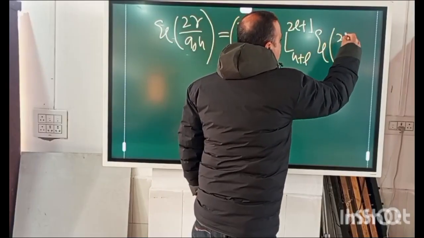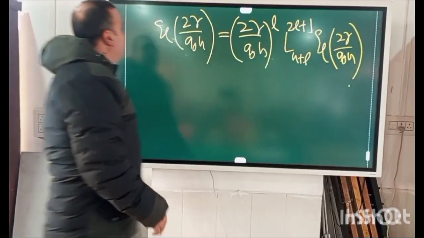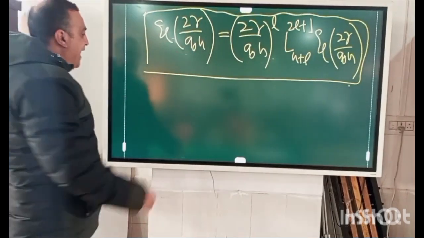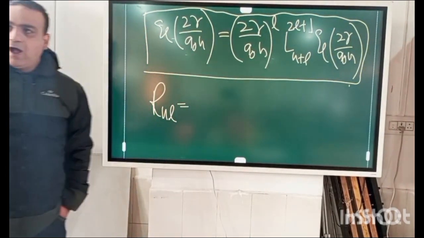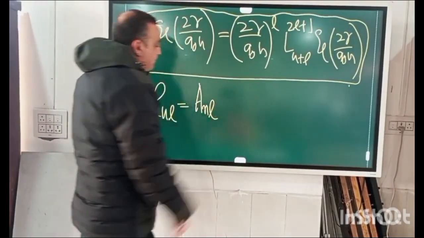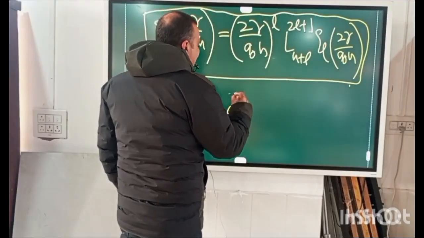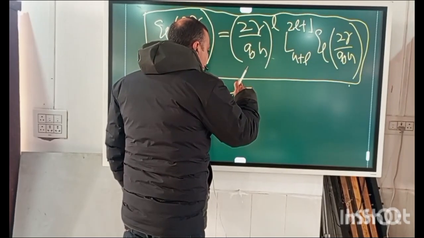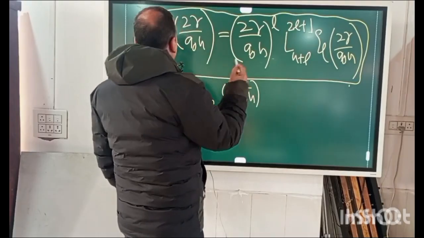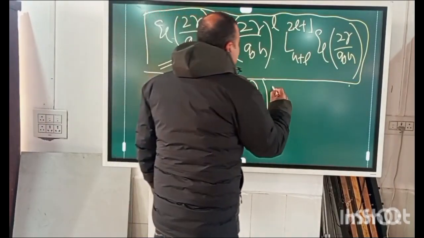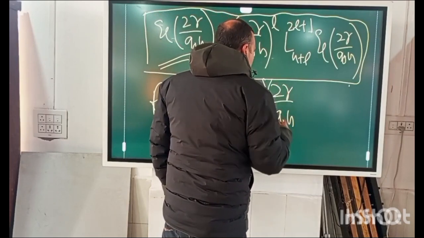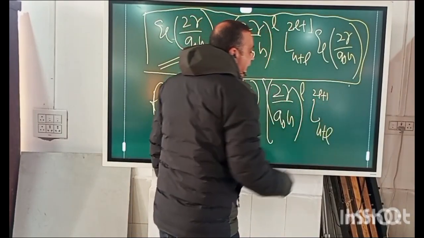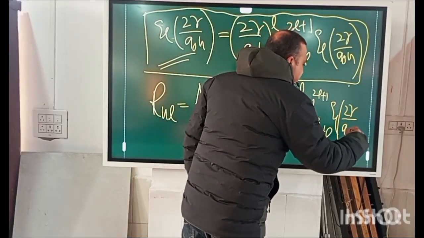So R n l will be A n l, e to the power of minus r by a naught n, times 2r by a naught n whole raised to power l, times the Laguerre polynomial.